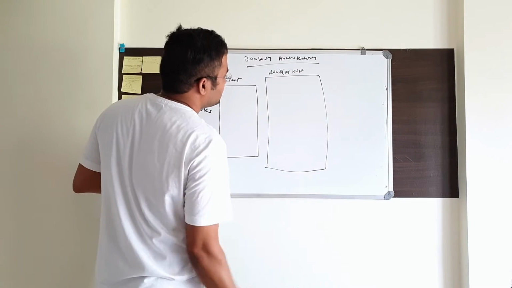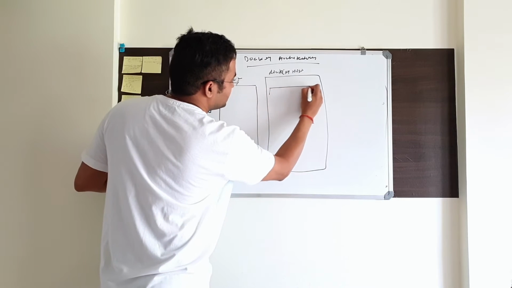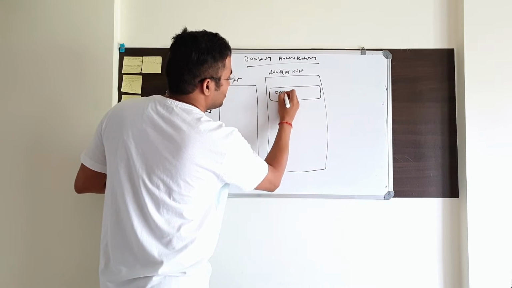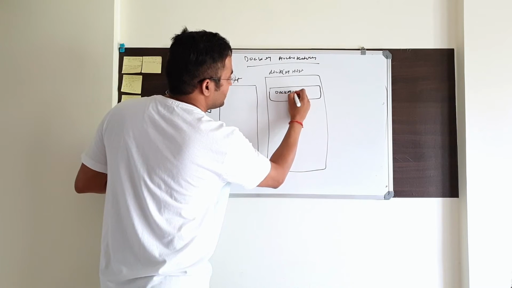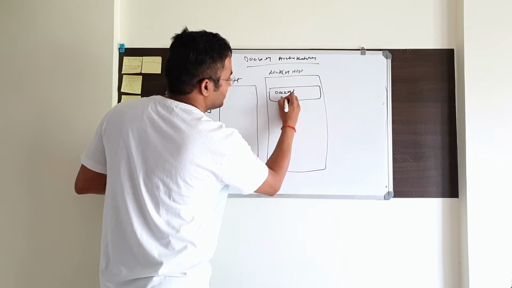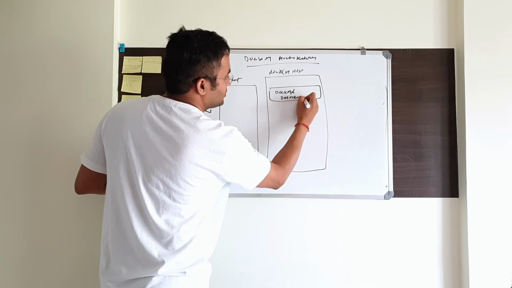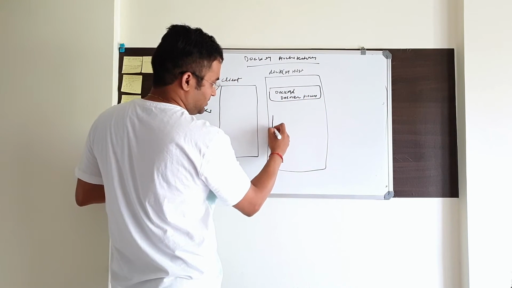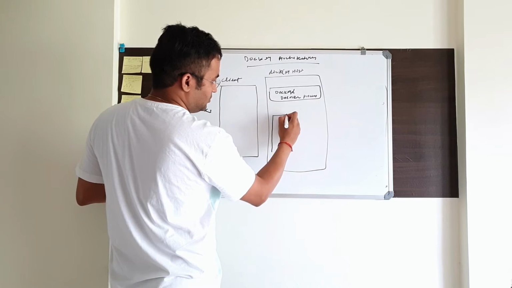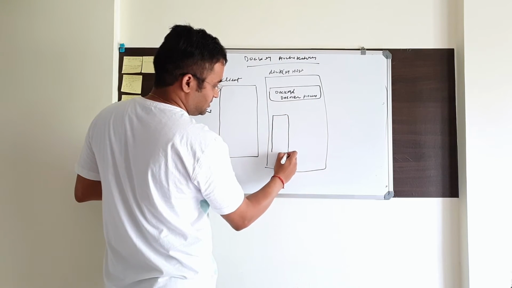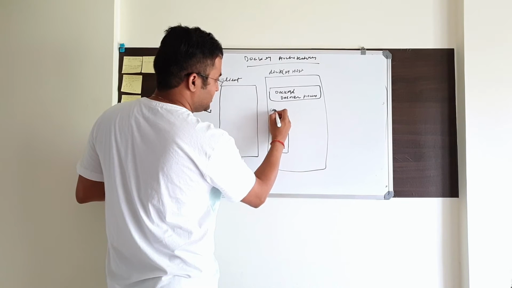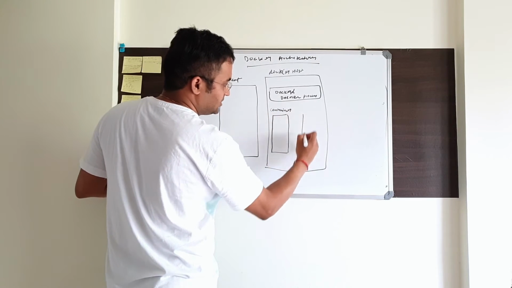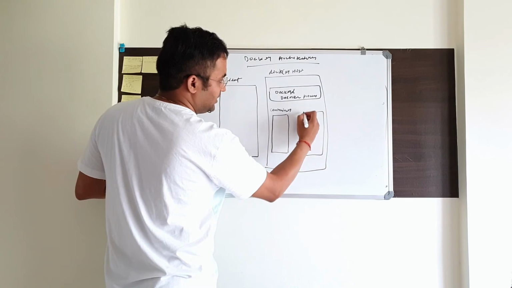So in the Docker host, there is a daemon process running, and that is called the Docker daemon process. The daemon process is used to create and manage containers by using these images.